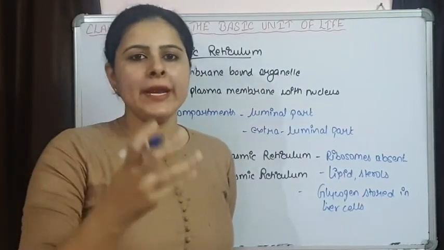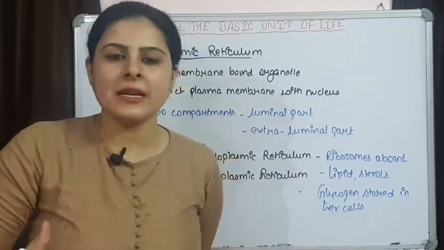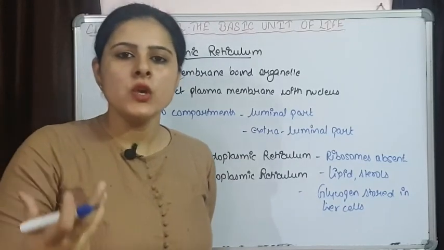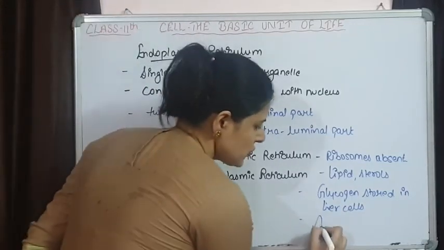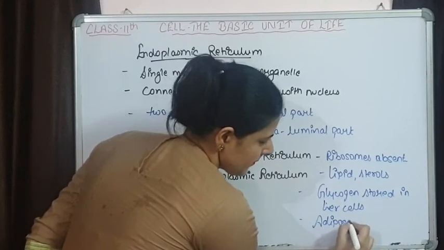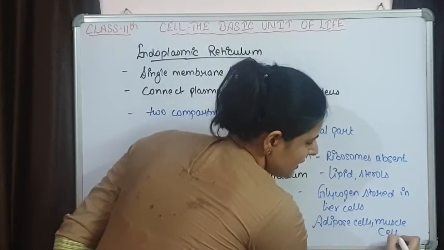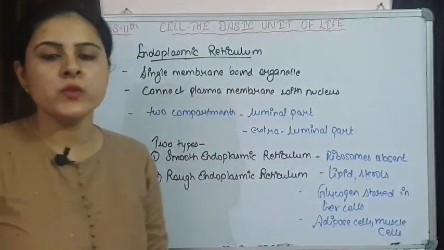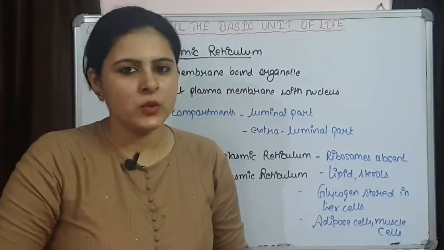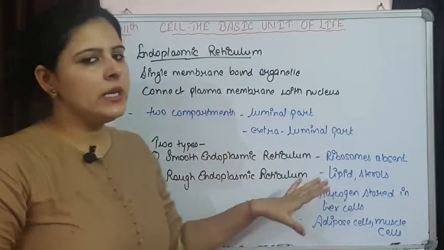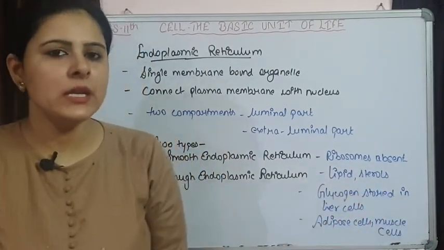Then we have adipose cells and muscle cells that are also involved in the storage of fats. All these are going to have more smooth endoplasmic reticulum. So the function is the synthesis of lipids and sterols.